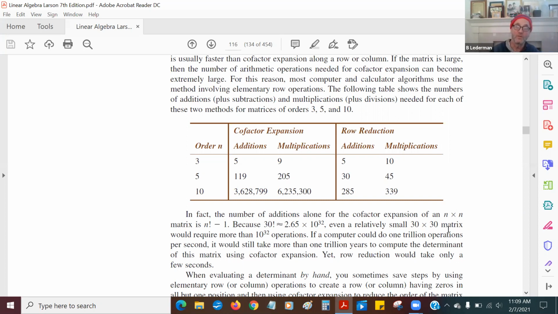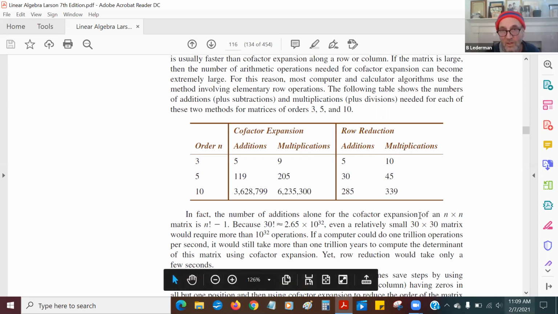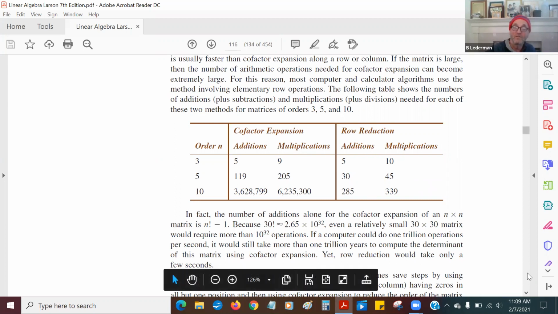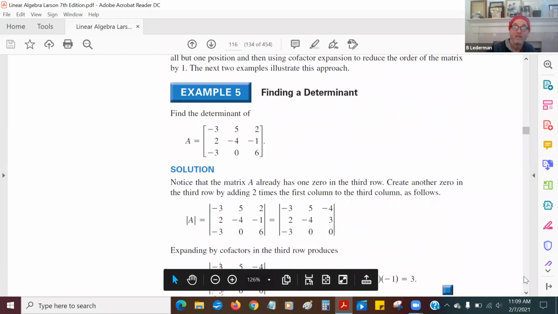If I gave you a 30 by 30 matrix for homework, that would be a lot. But in the industry, in actual real applications, that's not that spectacularly big. So what we're doing in 3.2 is essential. Besides being of great theoretical interest, which personally I do find, it has tremendous practical ramifications.